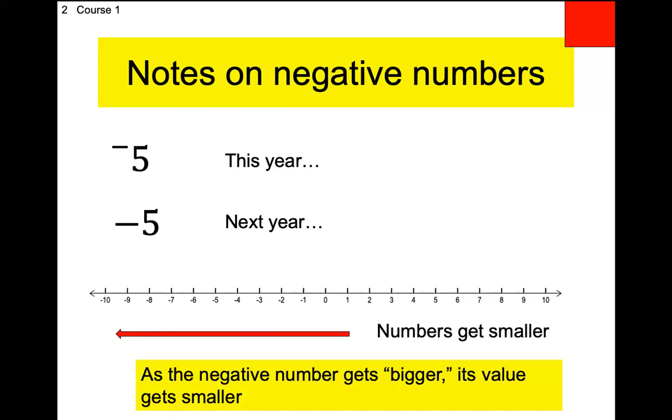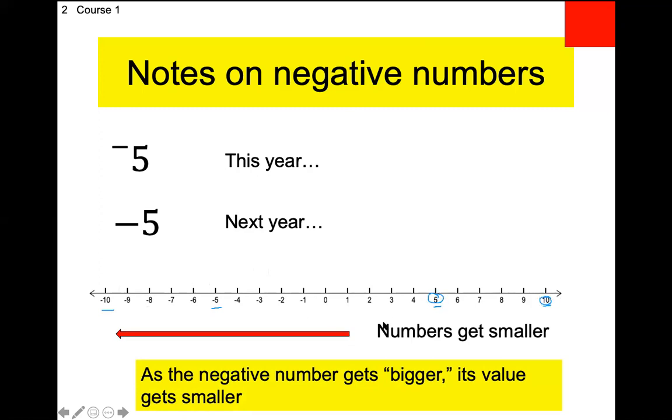I do want to make this one last point. Occasionally, I'll get a student that will think of -10, and they will think of it in comparison to, say, -5. So if you think about these two numbers, -10 and -5, because you're used to dealing with positive numbers, that 10 is in fact bigger than 5.